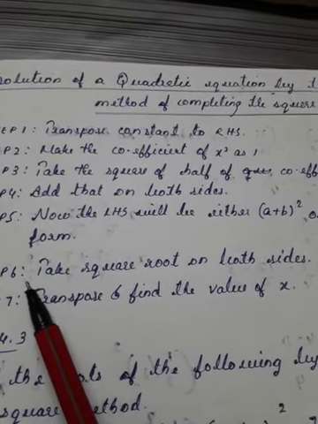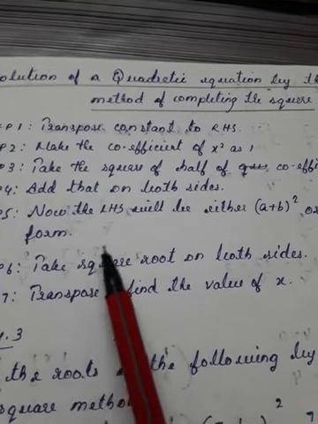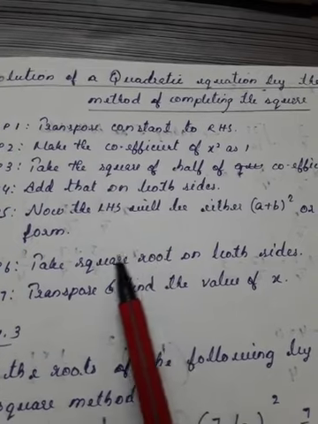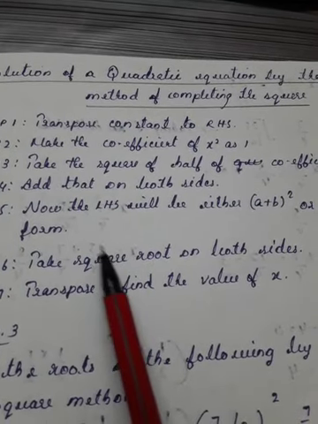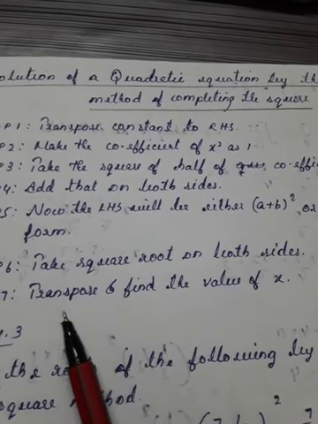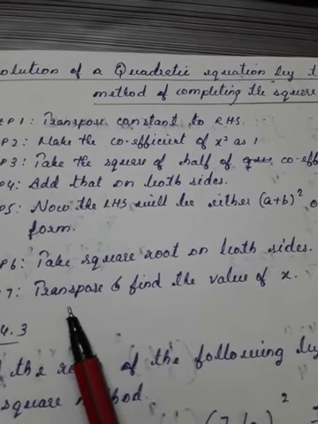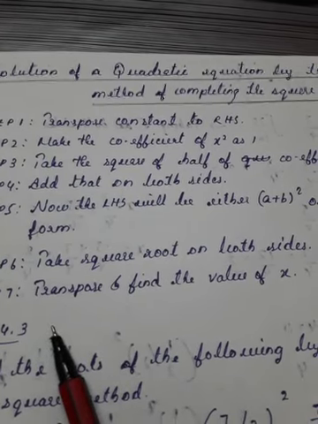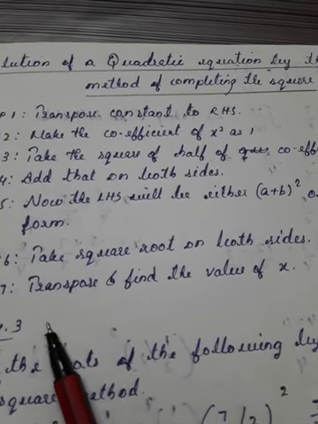Next, step 6 is to take the square root on both sides. Now we can transpose and find the value of x. We can do exercise 4.3, then you can understand the steps more clearly.